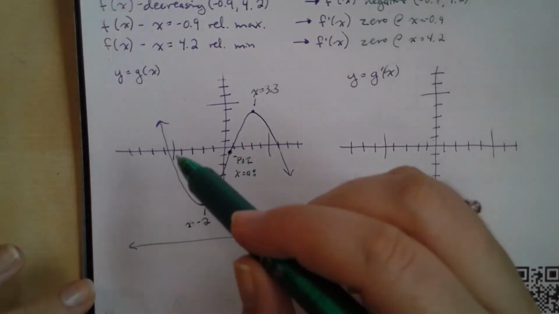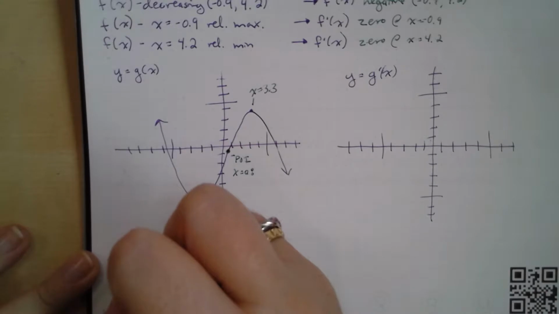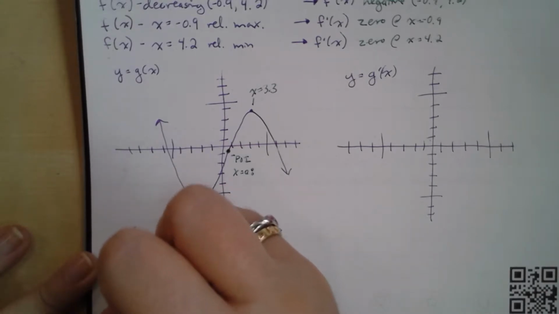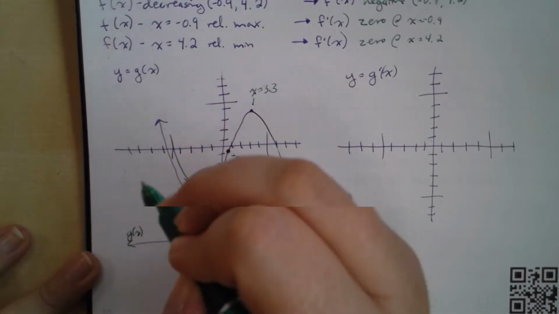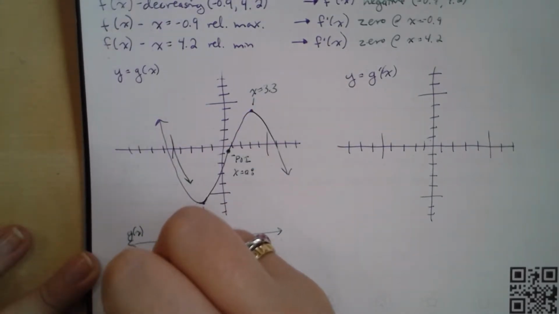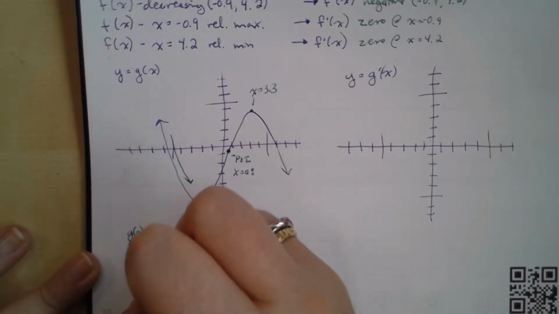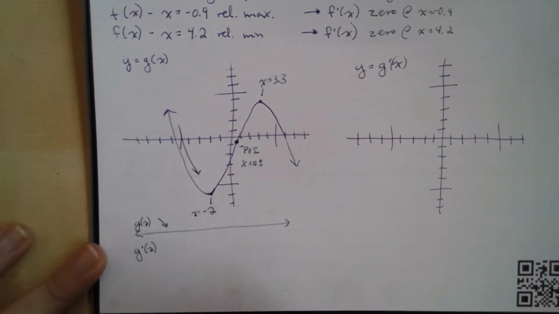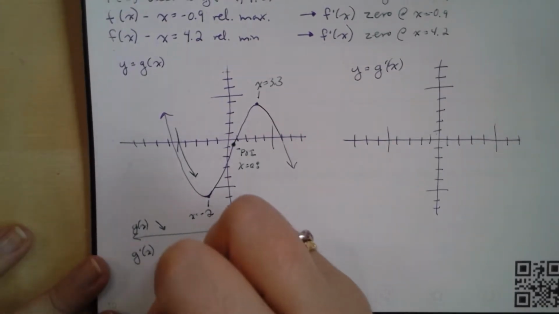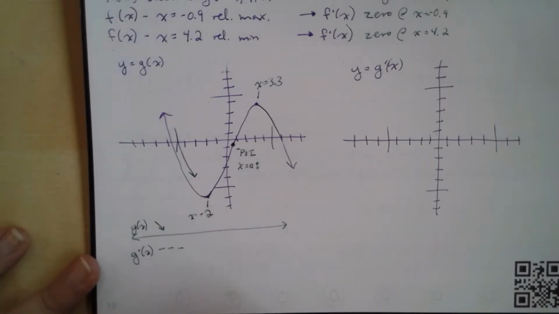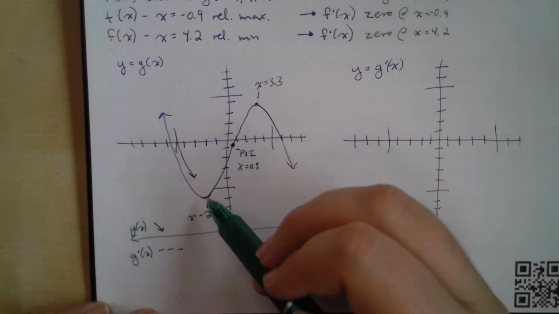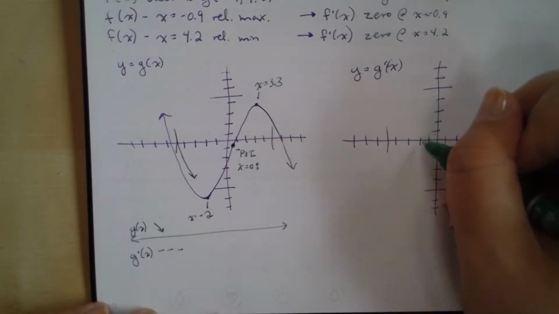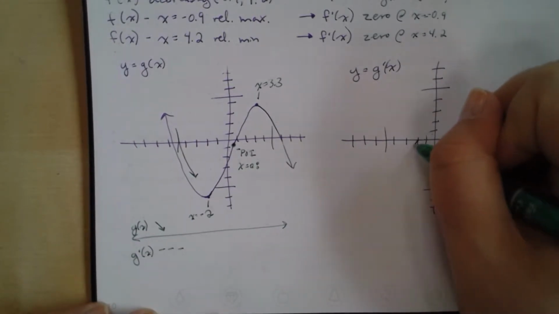So when g of x is decreasing, I'm going to put an arrow down to show that it's decreasing, then g prime of x is going to be negative. So from negative infinity to negative 2, my g prime of x should be negative.